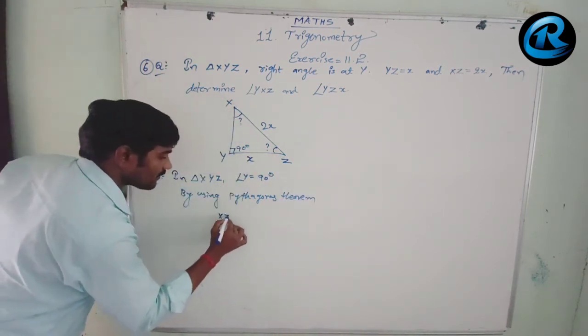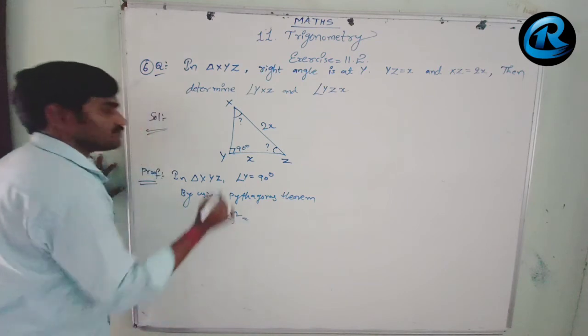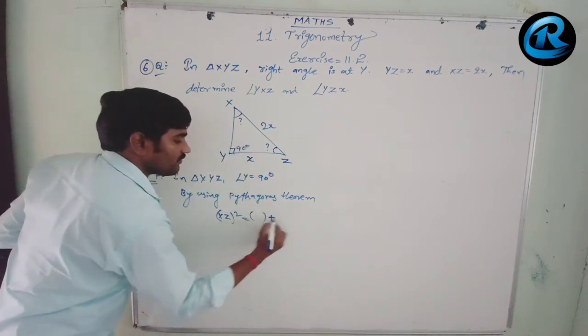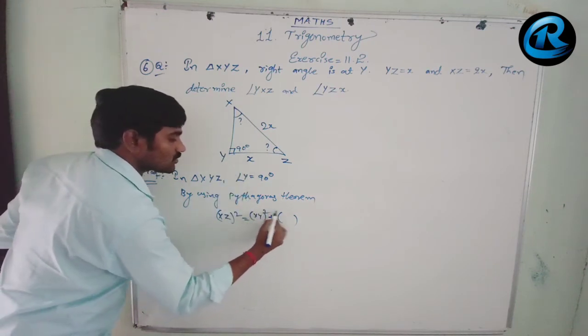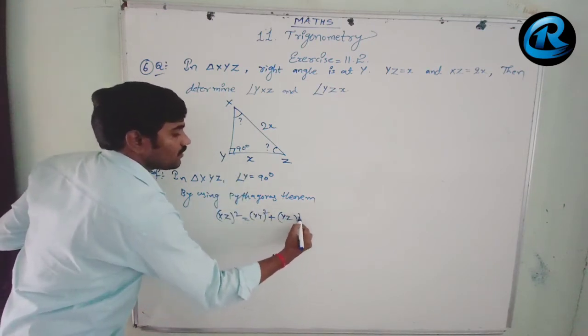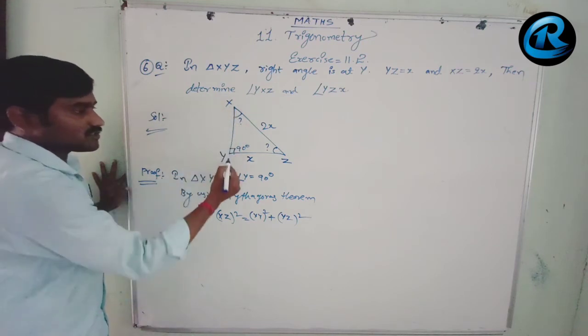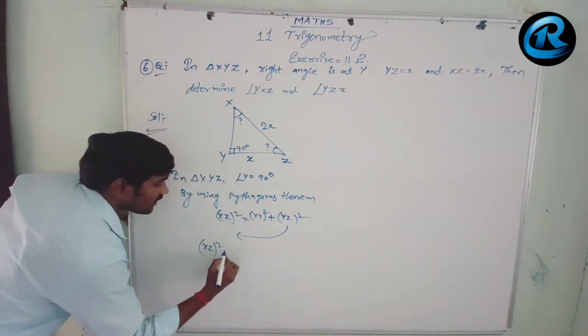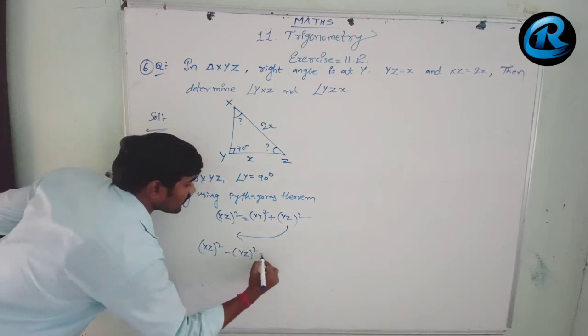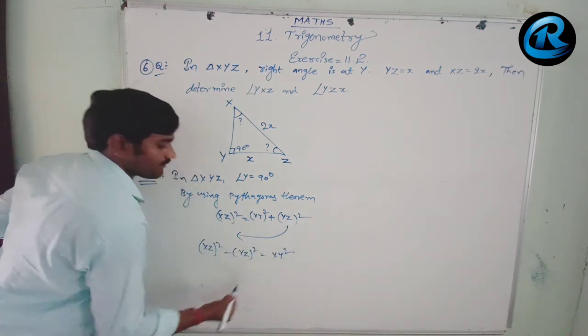XZ whole square, the hypotenuse, equals the sum of the squares of the other two sides. The other two sides are XY whole square plus YZ whole square. Here we need to find XY, so YZ square we transfer to this side: XZ whole square minus YZ whole square equals XY whole square.